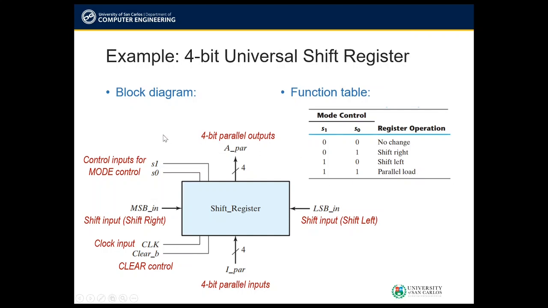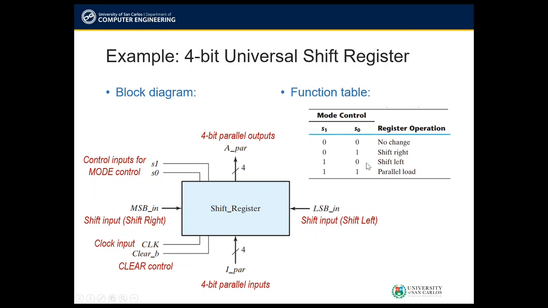So this is its corresponding block diagram. We have the clock input here, CLK. This is the clear control input to clear the register. We have here the control inputs to control the mode of operations. Since we have a shift right, we have here the MSB in, or the shift input for shift right.